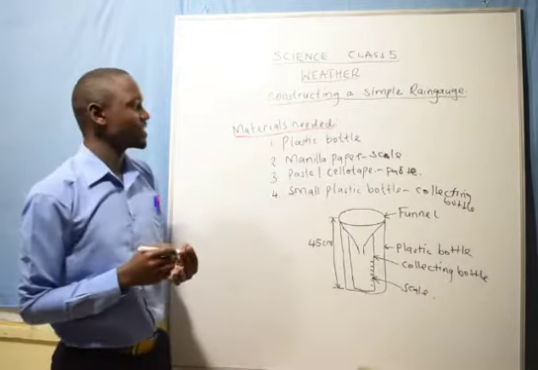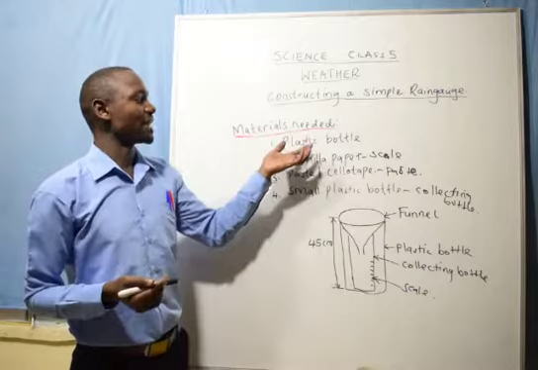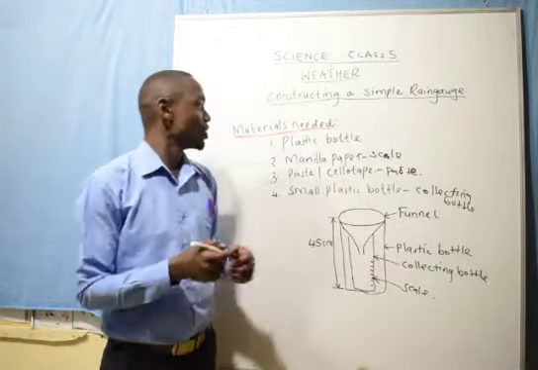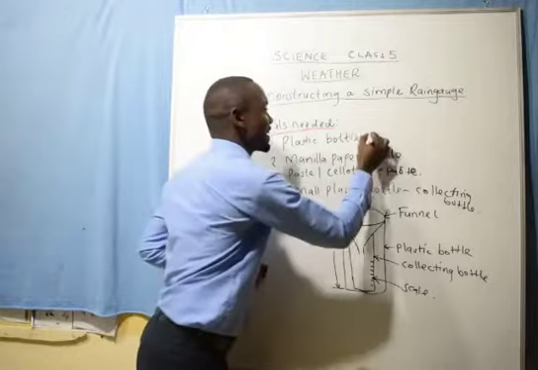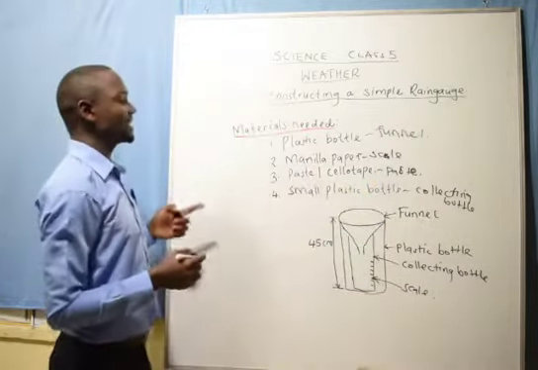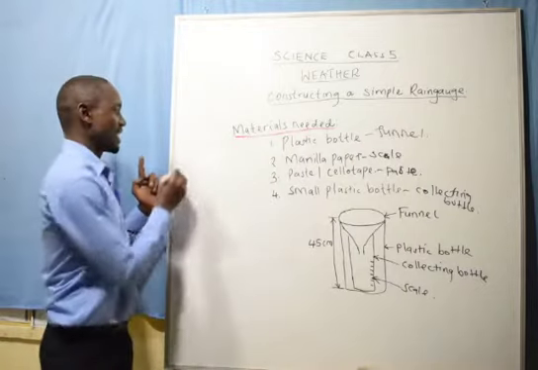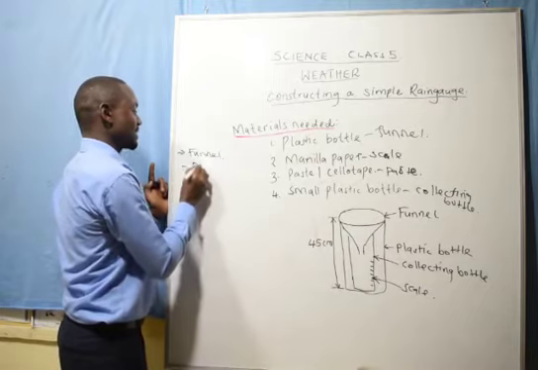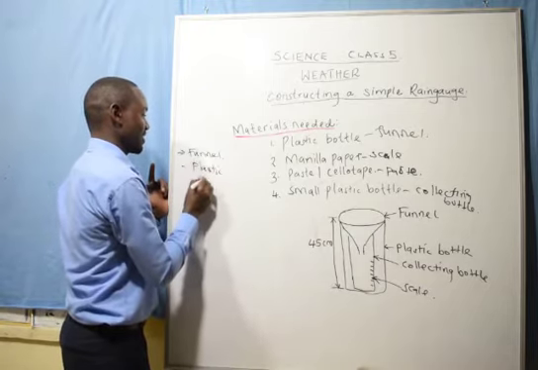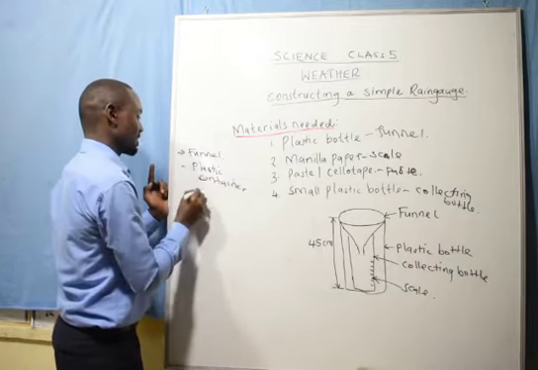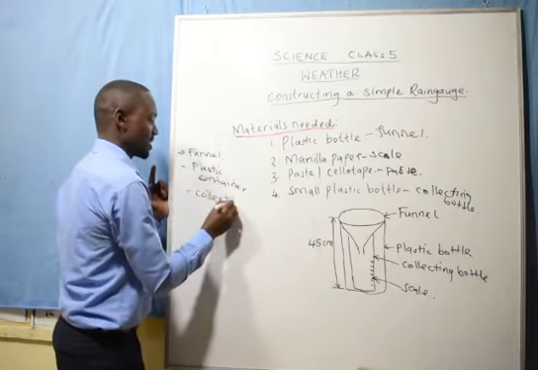Now, once you have these materials, you have the plastic bottle. Step 1, you cut the plastic bottle to construct the funnel. I say a rain gauge has three main parts. A rain gauge has the funnel, the plastic container, and it also has the collecting bottle.